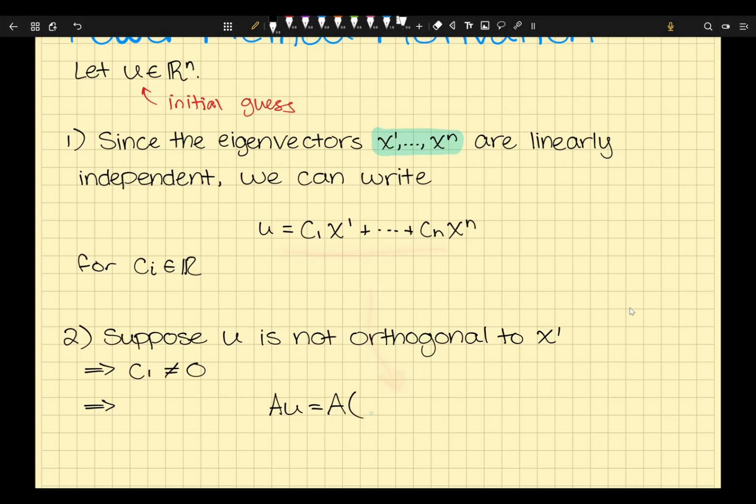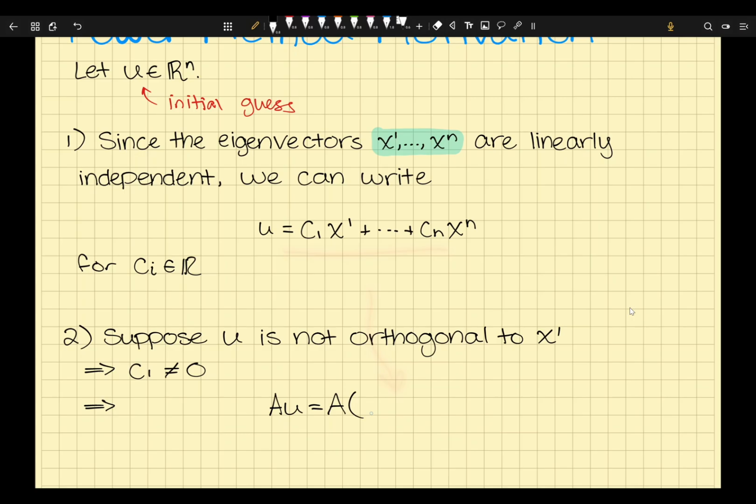Then we distribute our A. Remember, these x's are eigenvectors, so Ax1 is lambda 1 x1, and similarly for all of the x's. So now we have c1 lambda 1 x1 through cn lambda n xn.